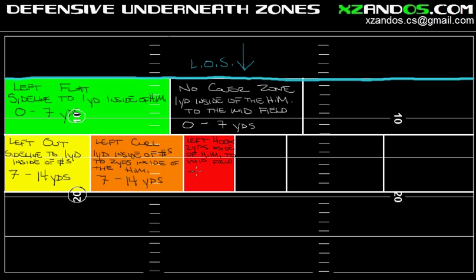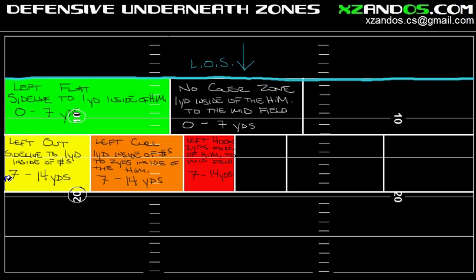And that again runs from 7 yards to 14 yards. So as you can see, we have the no cover zone, we have the left out, the left curl, and the left hook. Let's review.